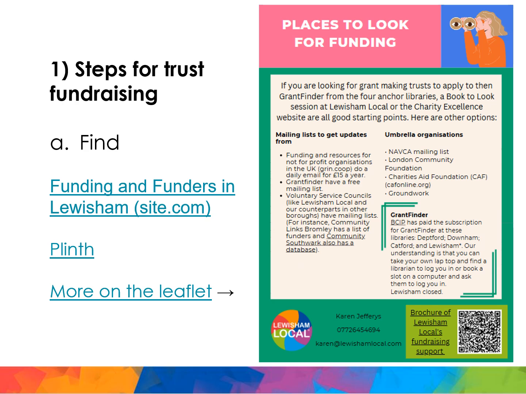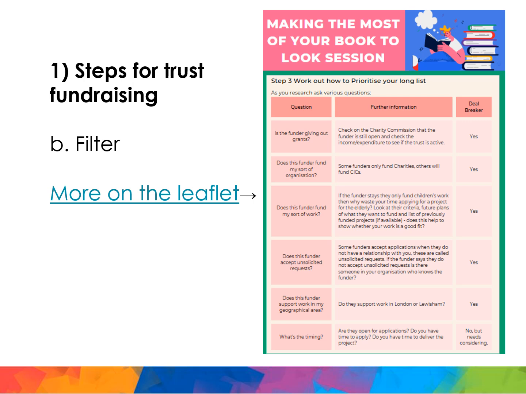But you've got these places to look for funding, and you maybe are starting to narrow down your search. And that's where you need to filter out those funders that are not relevant to you. So you might filter, and I've borrowed this DEEP acronym from my fundraising development manager colleague, so very grateful to her for that.